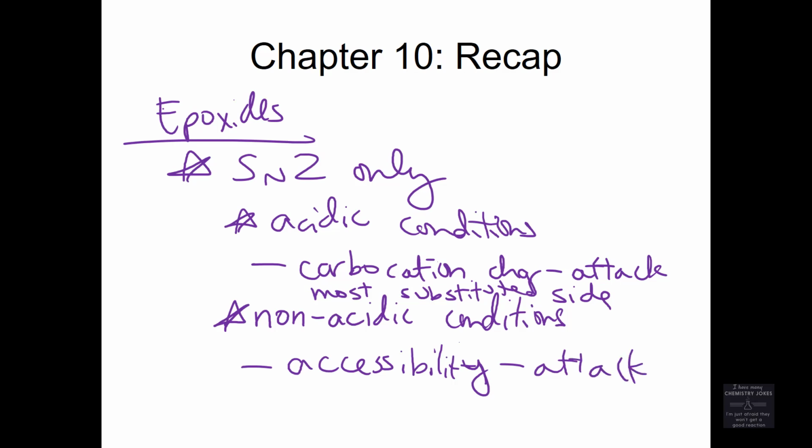Attack the least substituted side. So ethers do substitution only, but epoxides go even further and do SN2 only. You've got to worry about inversion and all that stuff, but epoxides do SN2 only. You've got to know if it's acidic conditions or not acidic conditions.